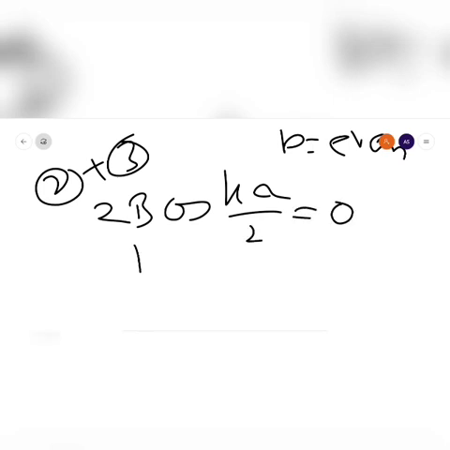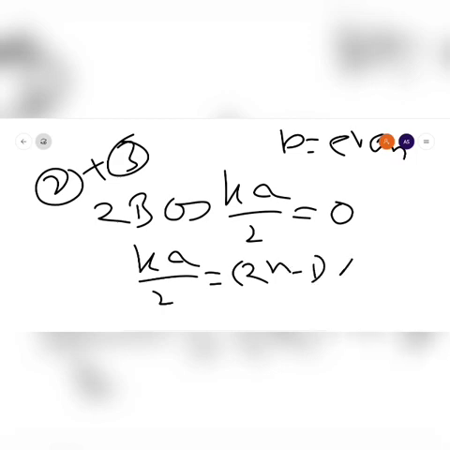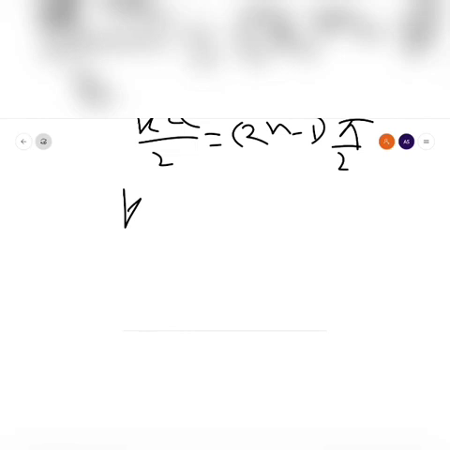And when equation 2 plus 3, you will get 2B cos ka by 2 is equal to 0, and you can write ka by 2 is equal to (2n minus 1) pi by 2. The value of k you can write is (2n minus 1) pi by a.